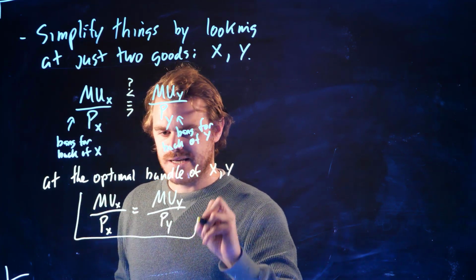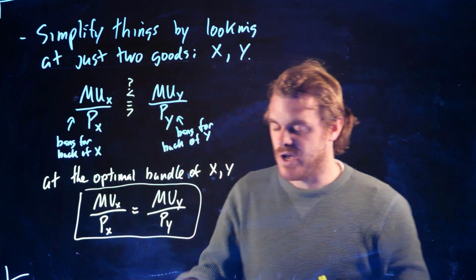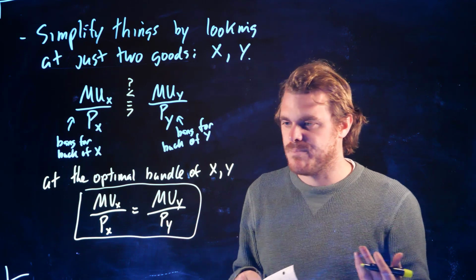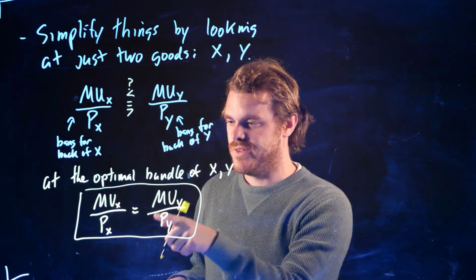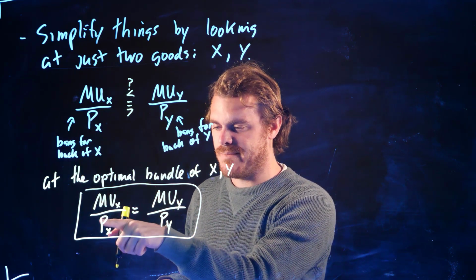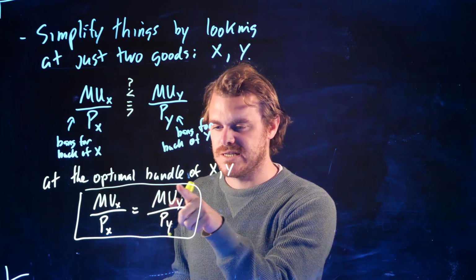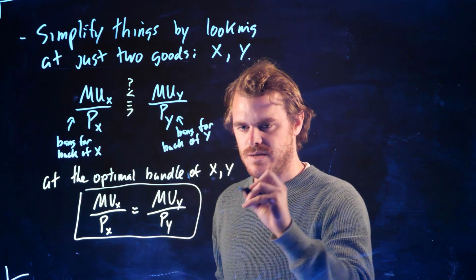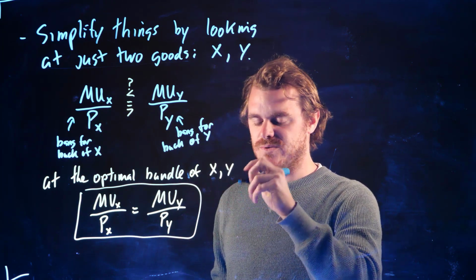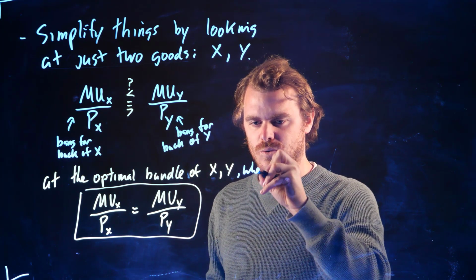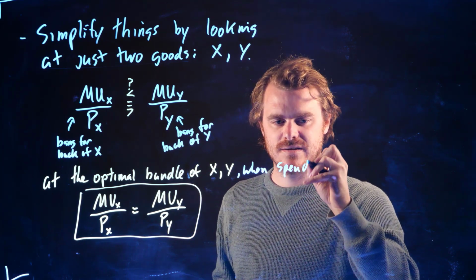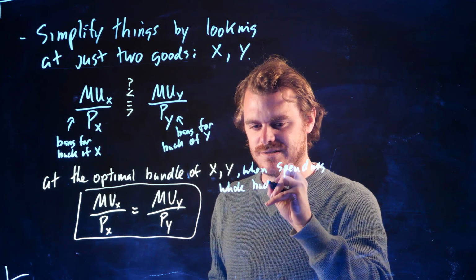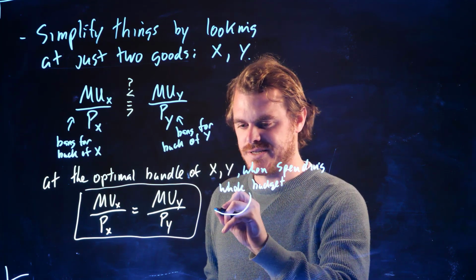So this is what's going to give us the optimal consumption bundle: purchasing and using all of our budget until the marginal utility of X divided by the price of X equals the marginal utility of Y over the price of Y. The bundle of X and Y, when spending the whole budget, is going to be this.